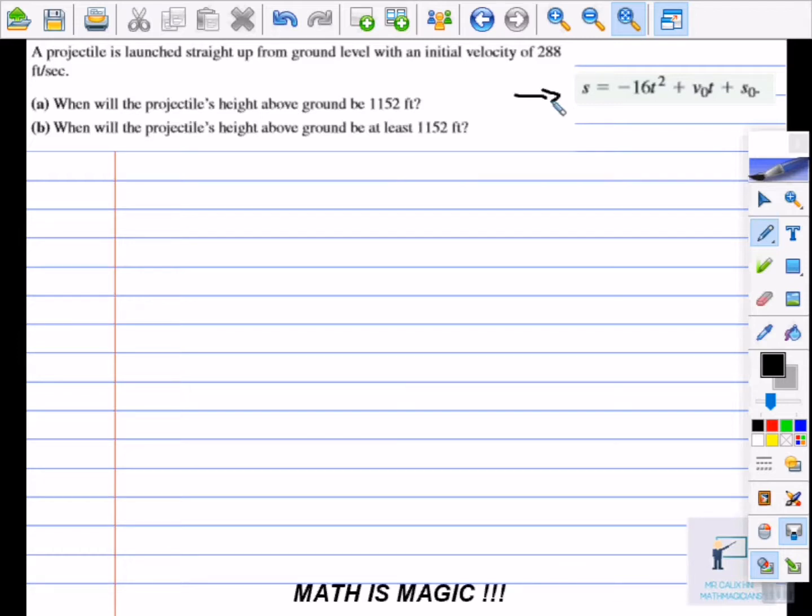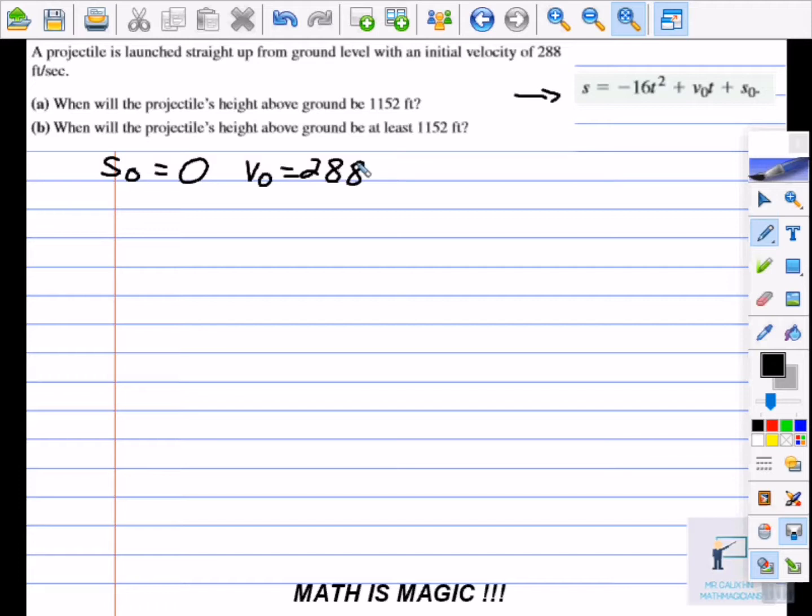If what we have at the beginning says a projectile is launched straight up from ground level, from ground level means that our initial position is equal to 0 feet. Then it says that the initial velocity, represented by V sub 0, is 288 feet per second.